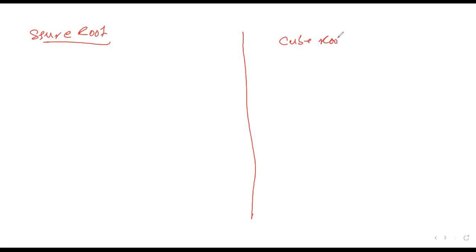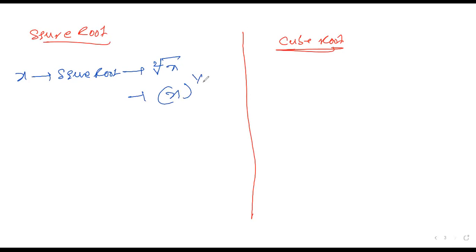Now let's go to square root. The next concept is square root, and then the cube root. If the number is x, the square root of the number is root x, or else you can write x power 1 by 2.